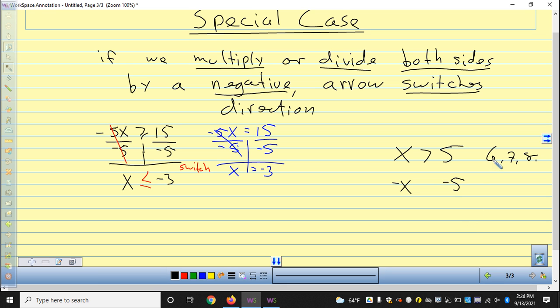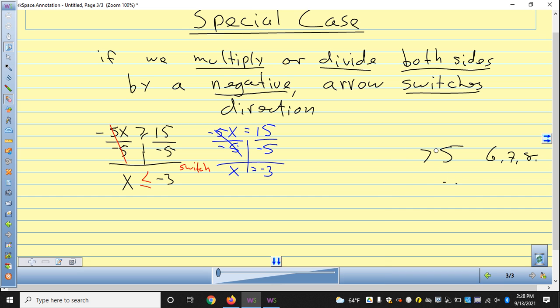Is negative 6 bigger or smaller than negative 5? Smaller. Negative 7 is smaller than negative 5. Negative 8 is smaller than negative 5. So it's because we're thinking of taking the numbers from over here on the number line and putting them over here on the number line. So instead of to the right, they end up to the left. So we have to switch those around. And it's the opposite if the arrow is pointing the other way. If we're thinking of numbers over here on the left, they end up being over here on the right. It's kind of a mirror image kind of thing. Does that make sense? Yep. All right. That's a very good question.